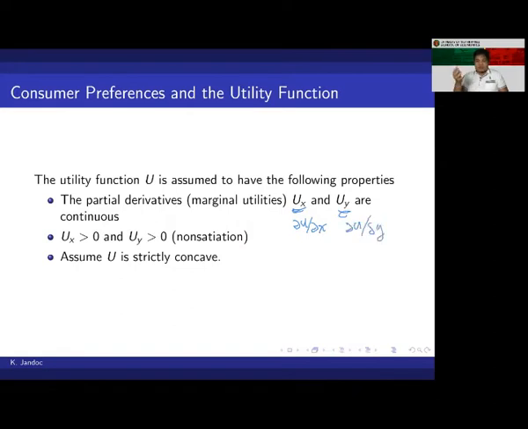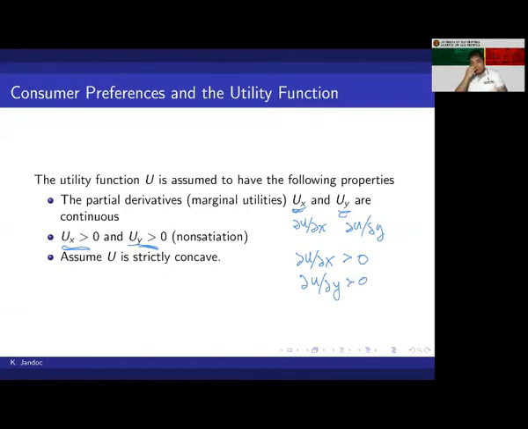We assume that those derivatives exist and are continuous. Furthermore, we assume that ux and uy are both positive. So partial u over partial x is greater than 0, and partial u over partial y is greater than 0.